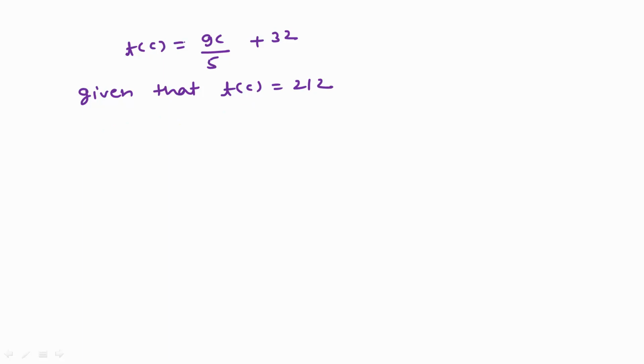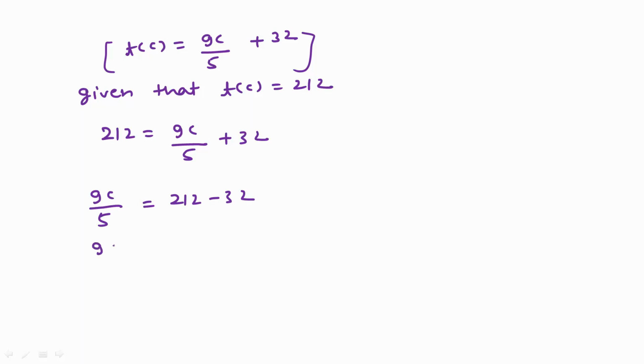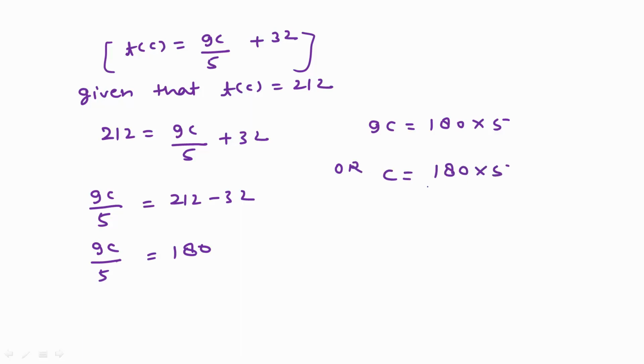So put the value of T(C) in this equation. 212 is equal to 9C upon 5 plus 32, or 9C upon 5 is equal to 212 minus 32. 9C upon 5 is equal to 180. 9C is equal to 180 into 5, or C is equal to 180 into 5 upon 9. 9 twos are 18, this will be cancelled out, 20 times.